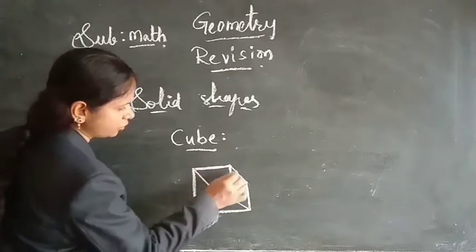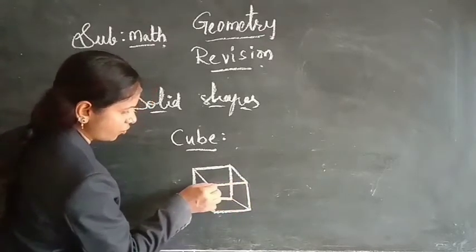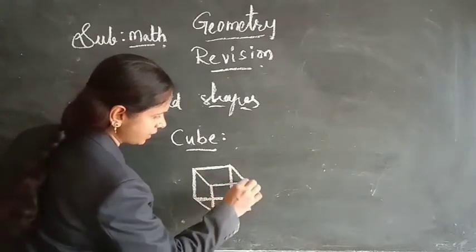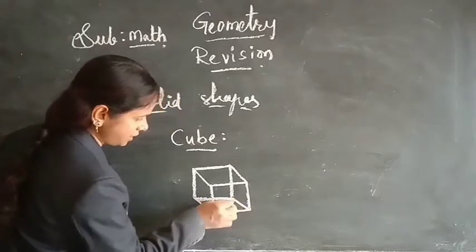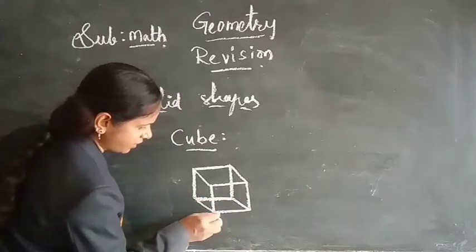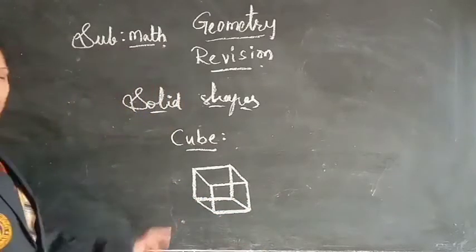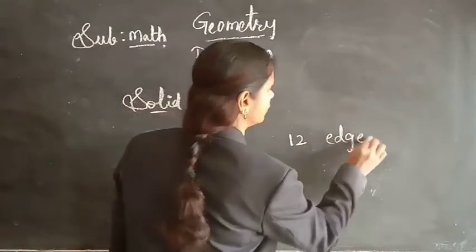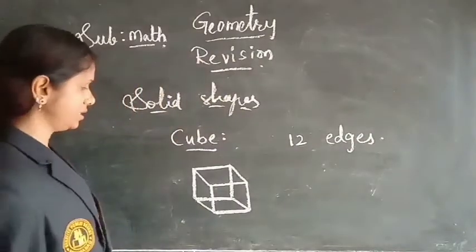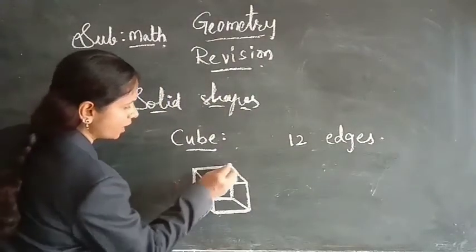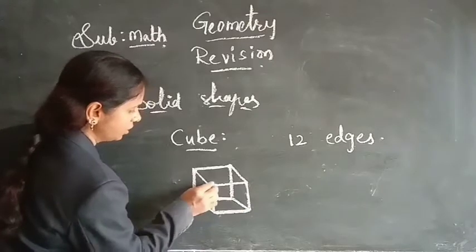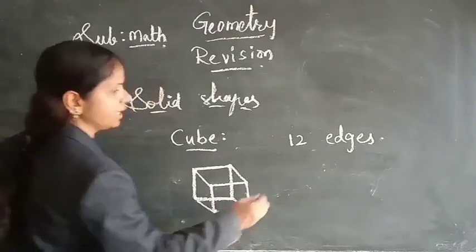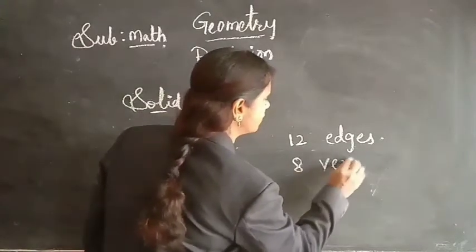1, 2, 3, 4, 5, 6, 7, 8, 9, 10, 11, 12. It means a cube has 12 edges, children. Coming to vertices, 1, 2, 3, 4, 5, 6, 7, 8. 8 vertices, children.